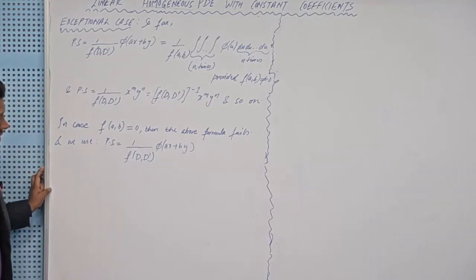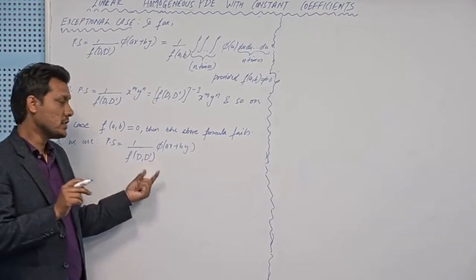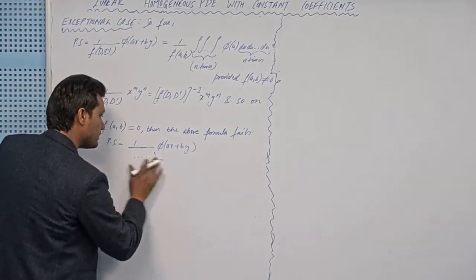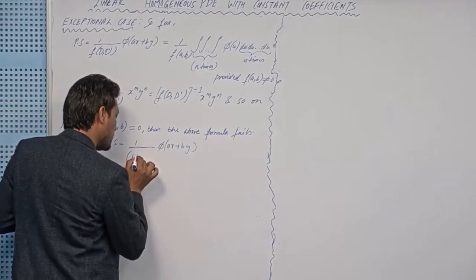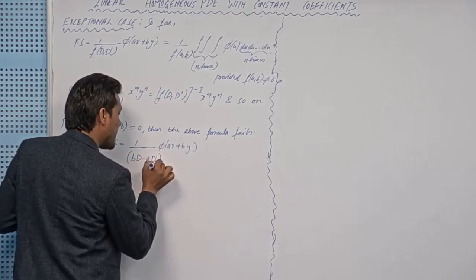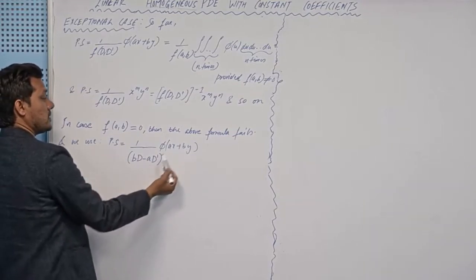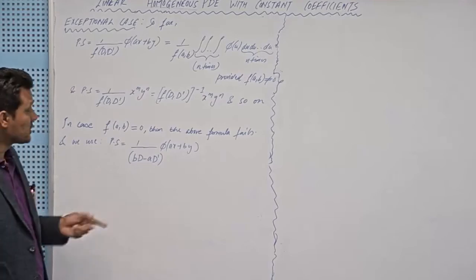If f of a comma b is equal to 0, then definitely f will be of this form, b d minus a d dash. Because if you put d equal to small a and d dash equal to small b, you will get 0 in the denominator, and that is the case we are discussing.